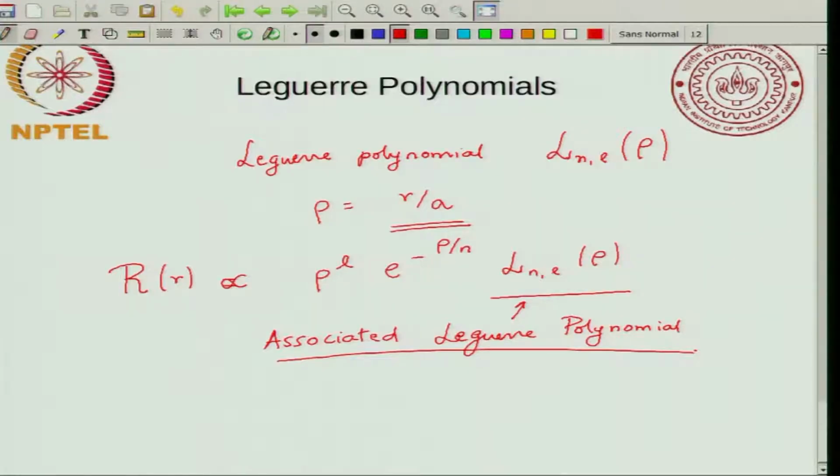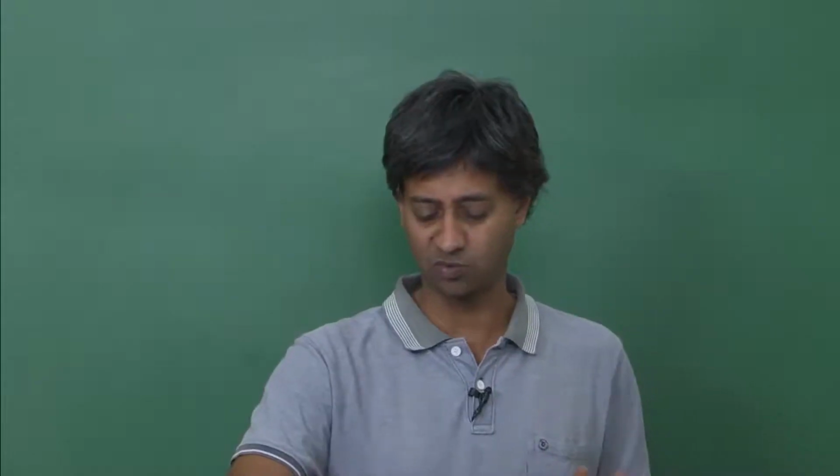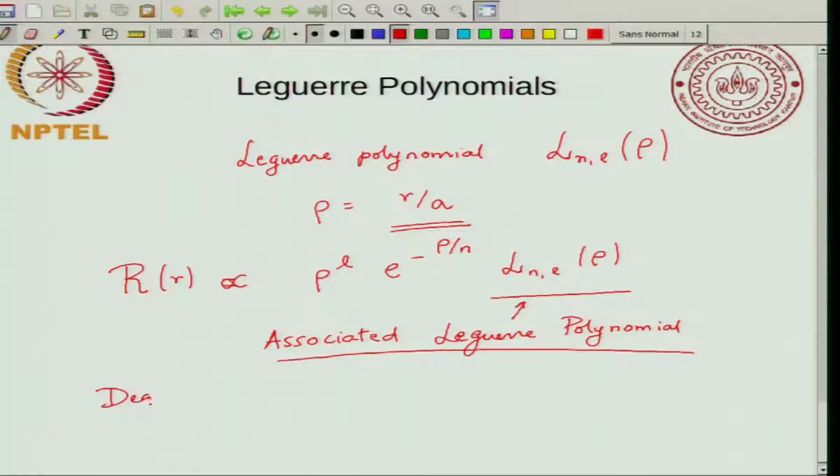What we know is that the associated Laguerre polynomial L n L has degree n minus L minus 1, and this degree turns out to be very important.